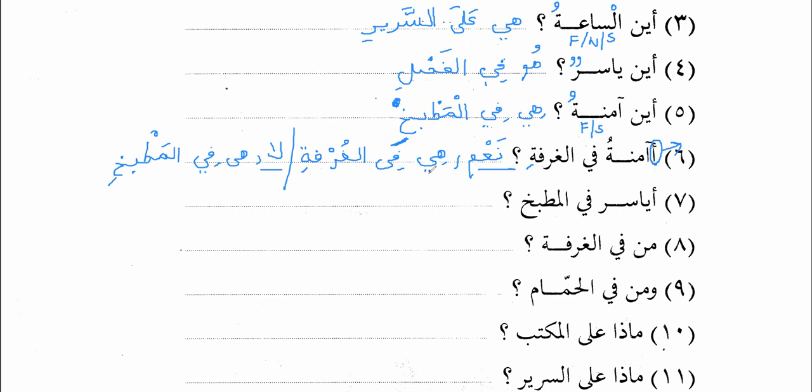Now again in question number 7, Ayasirun. Yes, this is an Arabic name, so tanween dhamma. Ayasirun fil matbakhi, because of this fi it will have a kasra. Whether you want to answer in negation or in positive, what will you say?